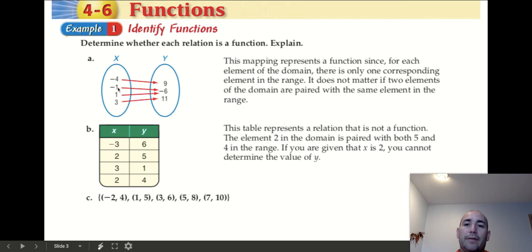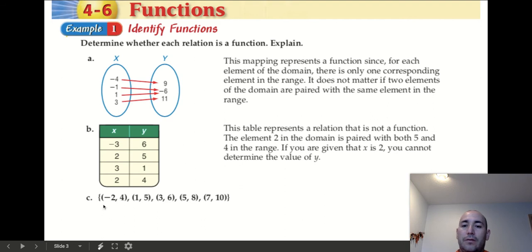So it's okay if different x values have the same y value, but it is not okay if the same x value has different y values. This instance where these share the same y value is okay, but the same x value should not have different y values. So this is a function. This is not a function.